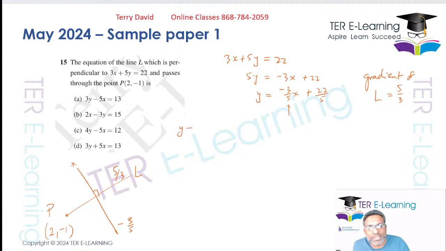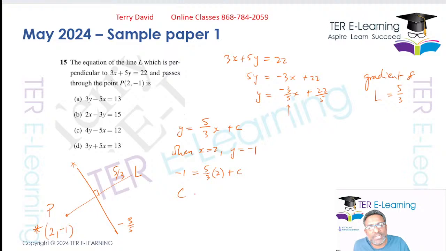So y is equal to 5 over 3, that's m, x plus c, and we know that it passes through this point here. So that means that when x is 2, y has to be equal to minus 1. We're going to use that information to work out c. So negative 1 is equal to 5 over 3 multiplied by 2 plus c.